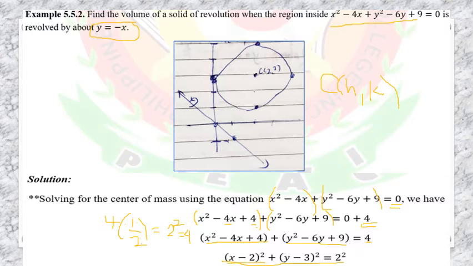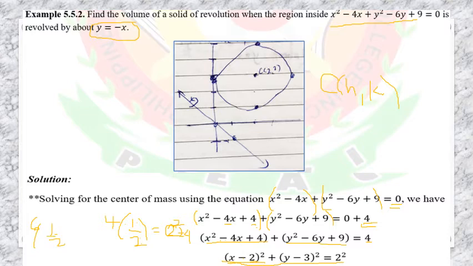X squared minus 4x plus 4 can be written as x minus 2 quantity squared. Saan nanggaling si 2? Negative yung ilalagay ninyo dito class kapag yung middle term na sign is negative. Si 2 class, galing yan after ninyong i-times sa 1/2 yung middle term, and then yung result na hindi pa na-squared. Gayundin sa y minus 3, di ba si 9 ay galing din sa 6 times 1/2.